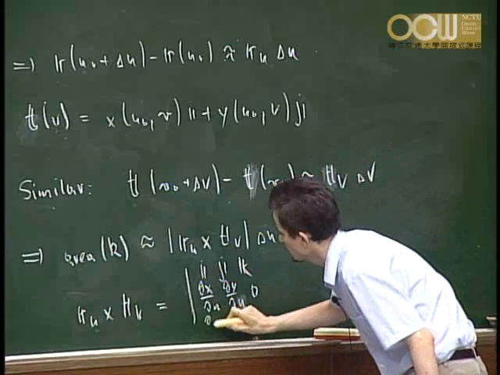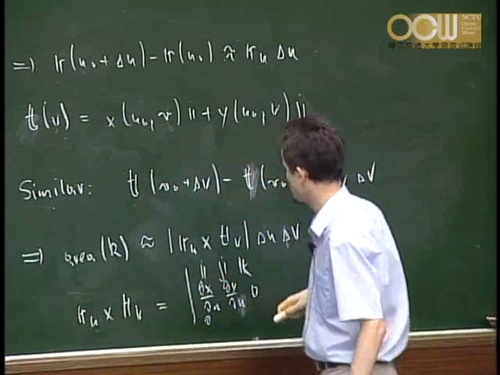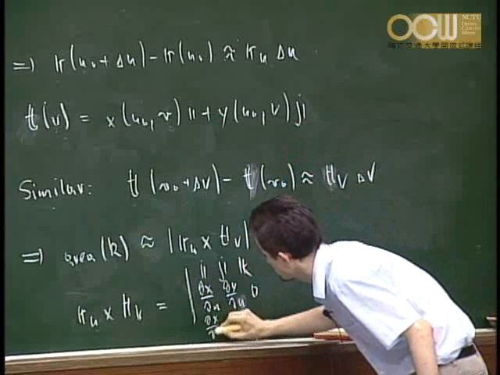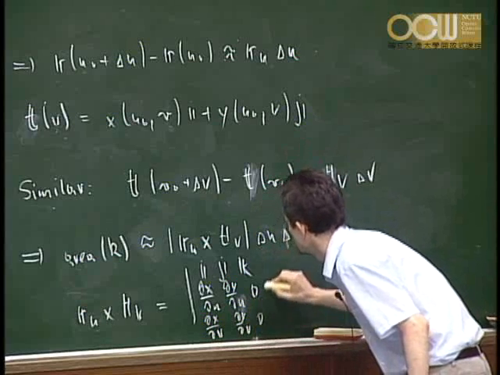The last row is the derivative with respect to V: partial derivative of X with respect to V, partial derivative of Y with respect to V, 0.